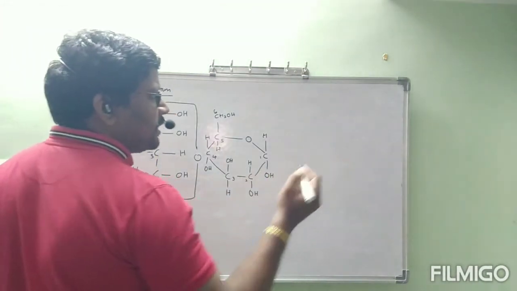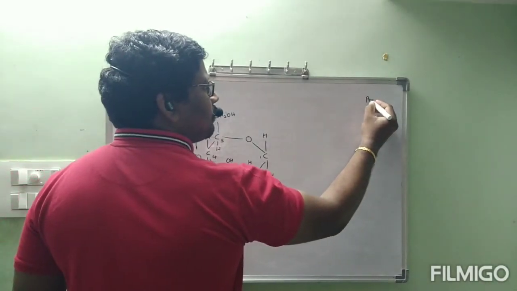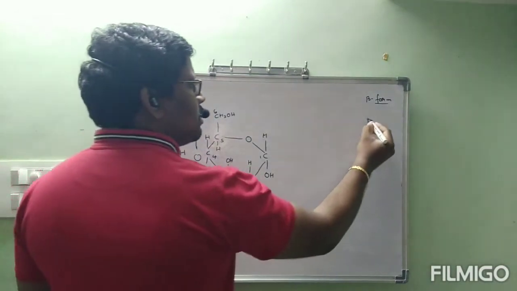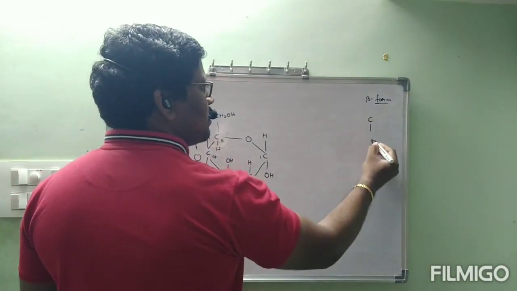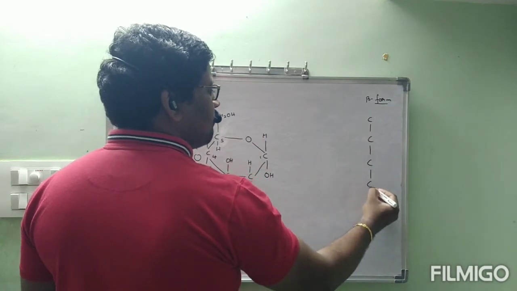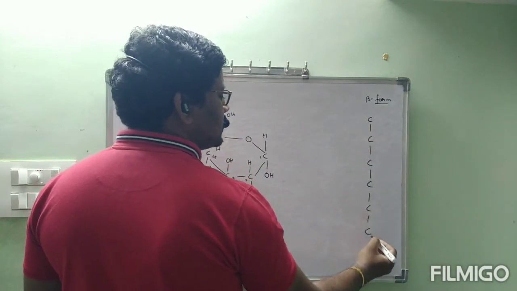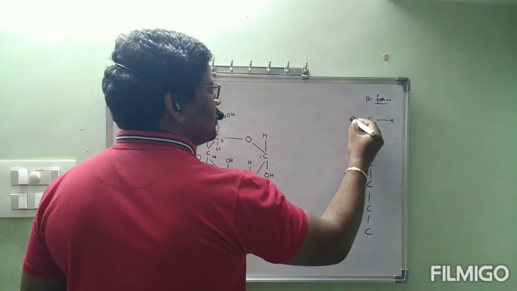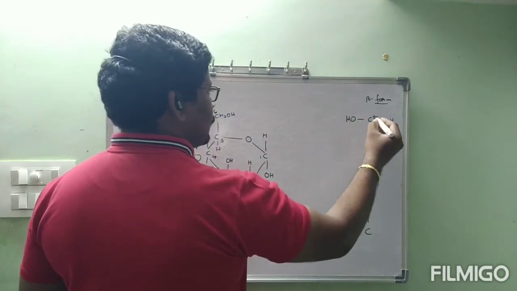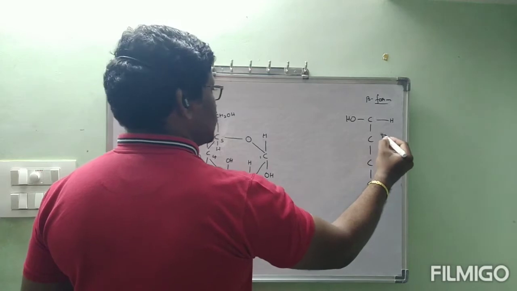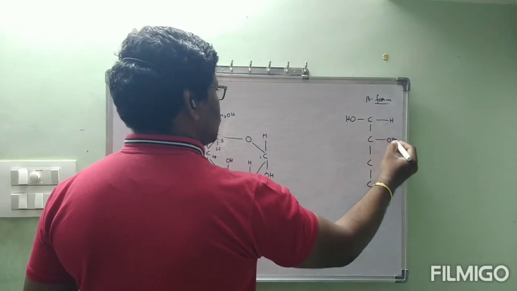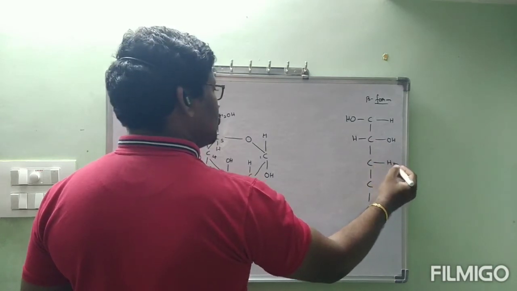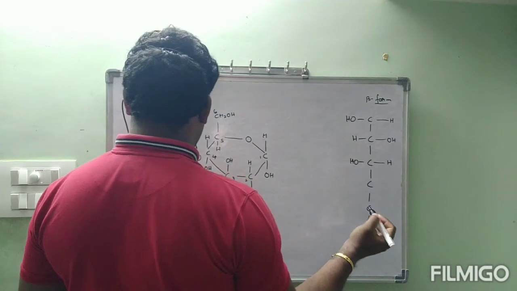Next, coming to the beta form. Carbons 1, 2, 3, 4, 5, 6. First carbon: right side H, left side OH. Second carbon: OH, H. Third carbon: H, OH.